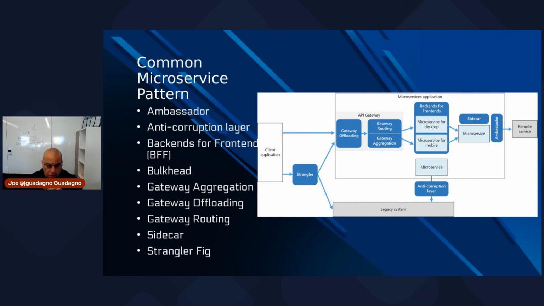The sidecar pattern provides helper components for your container, so that it allows you to call other things that may not be available in the main client, so to speak. And the last one, the strangler pattern. This is used, again, similar to the gateway pattern. This is used when you're in the process of migrating from, let's say, a legacy service to a new service.